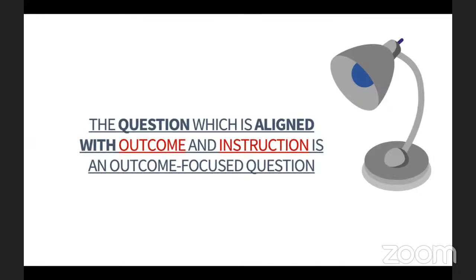Instruction, in the sense of the way you teach in the classroom, the teaching aids that you use, or the content that you use to teach, or your delivery mechanism of teaching in the classroom. This whole process is instruction designing.